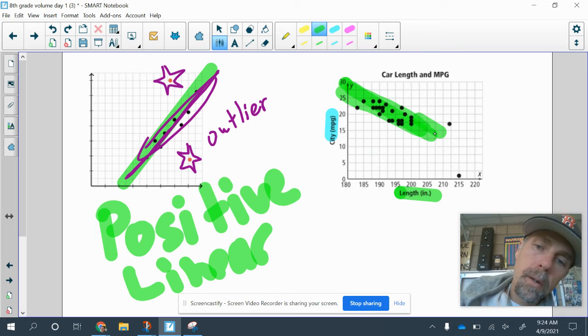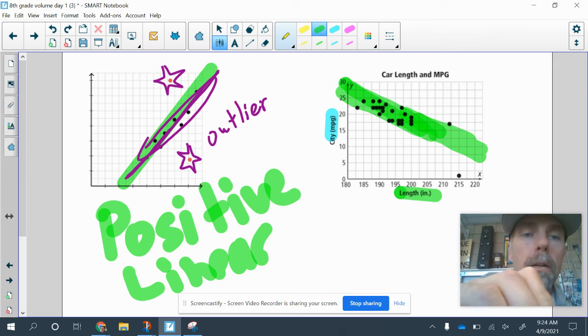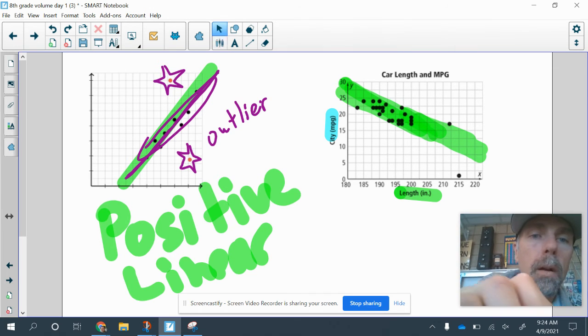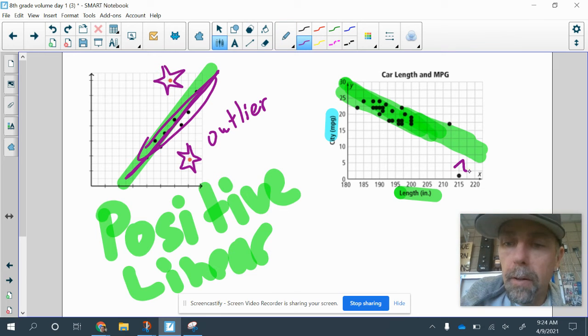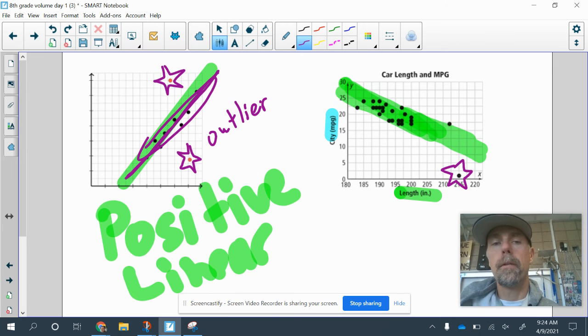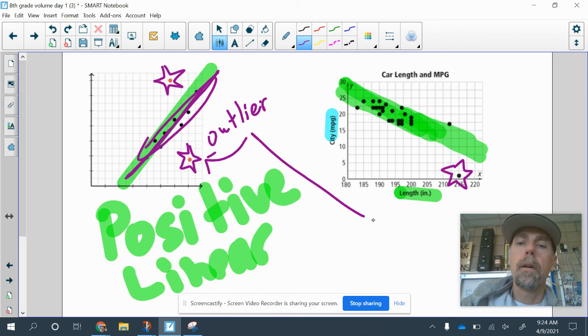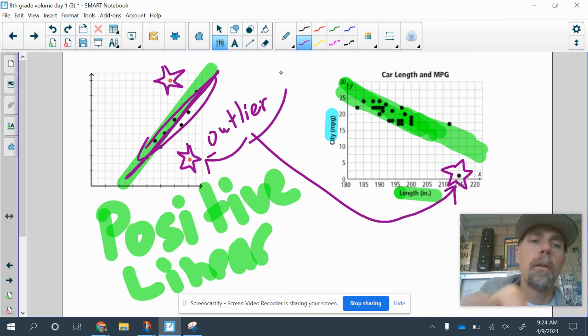See that? So there's one dot that we might call an outlier. That'd be this one. Outlier. That one, that one, and that one.